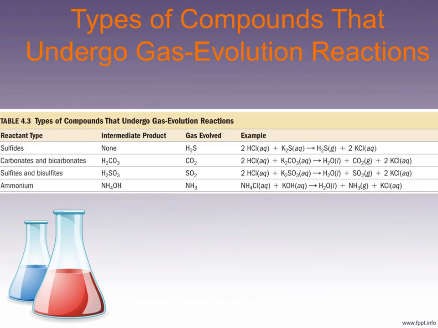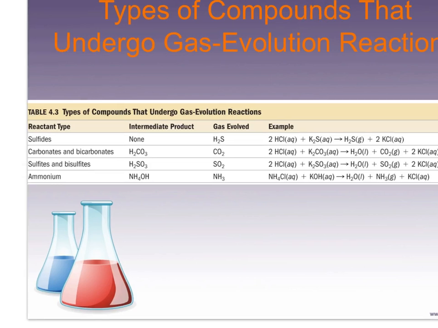Almost done. So there are some common formations of gas that I want you to be familiar with. One of them is if you begin with a sulfide, you tend to make hydrogen sulfide gas. This is the smell of rotten eggs, by the way.